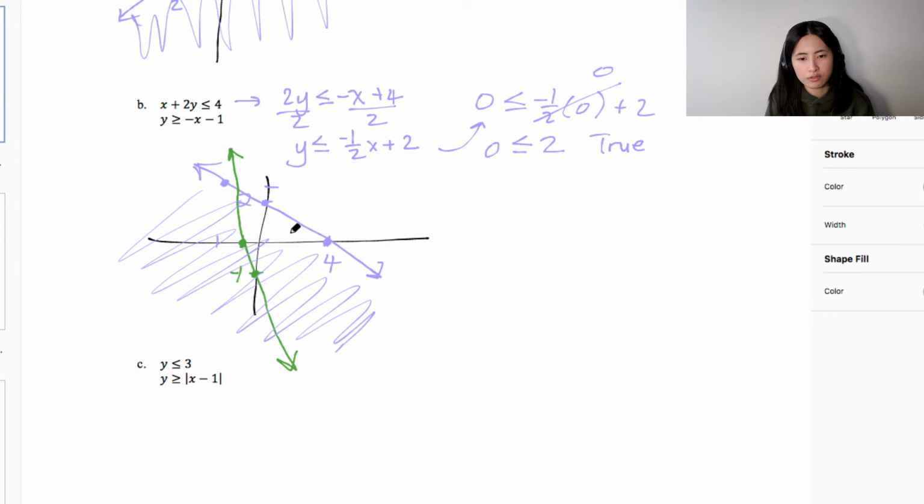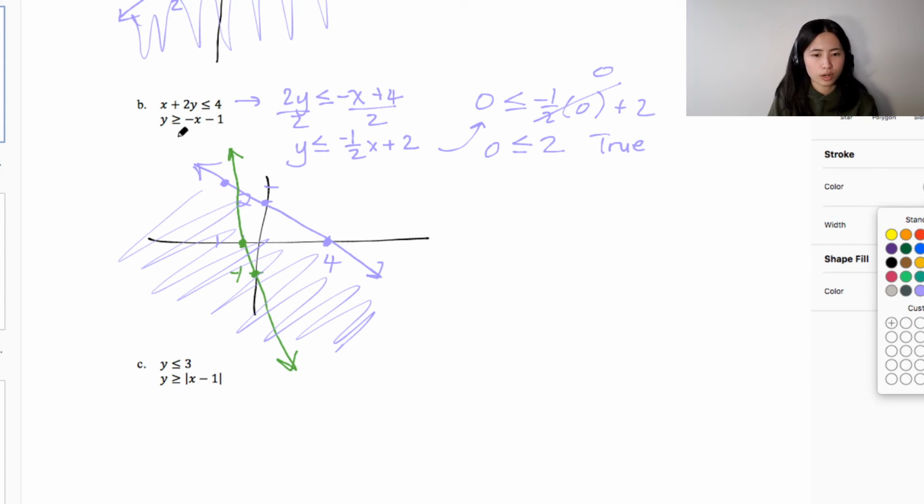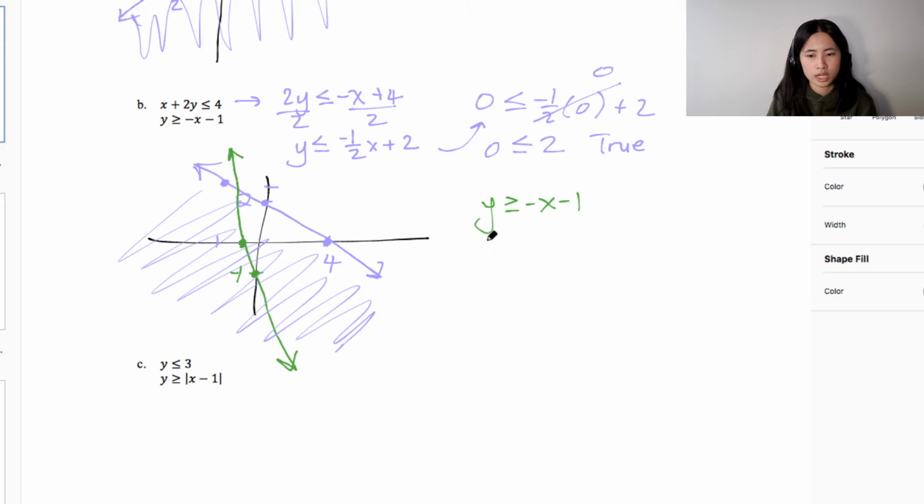Okay, and then if you're looking at the green line, we're going to take this. So this is y, and this is greater than or equal to -x minus 1. So this is 0 greater than or equal to -0 minus 1. Well, this is just -1, right?